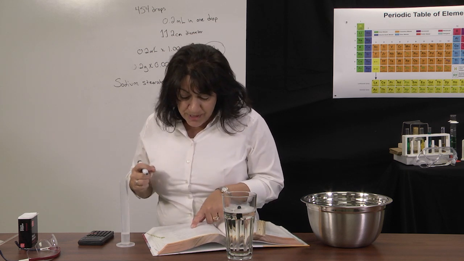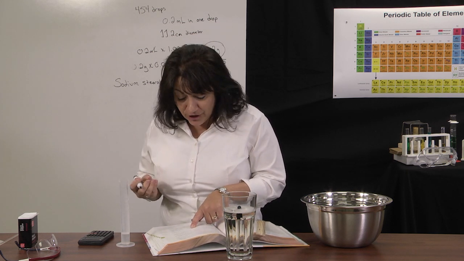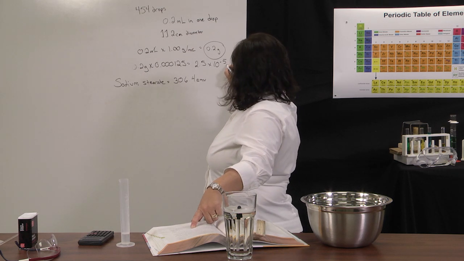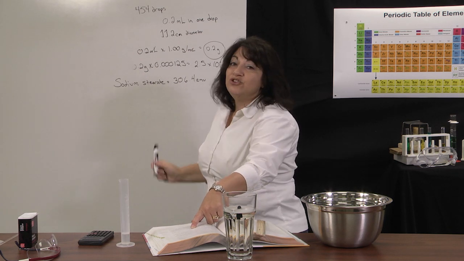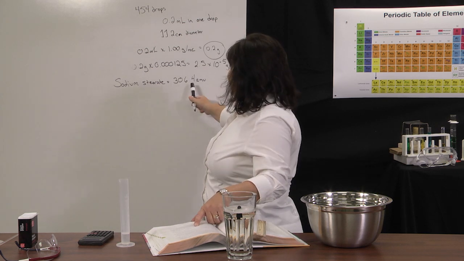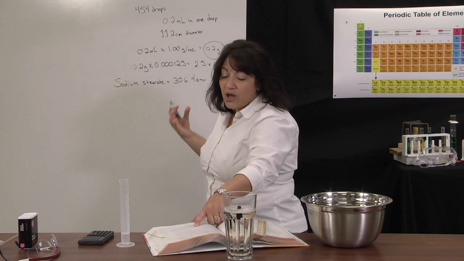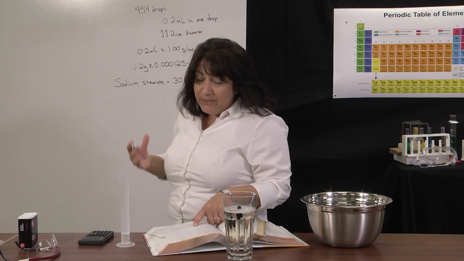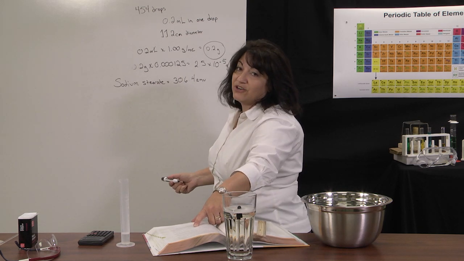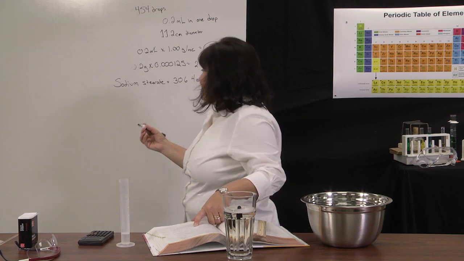Now, what we can do is we can take that mass and we can convert the grams of sodium stearate, which we calculated here, to moles of sodium stearate. How do we do that? Well, when we have an atomic mass unit of a molecule, what that's telling us is 1 mole of sodium stearate is equivalent to this many grams of sodium stearate, and that's a conversion factor. So let me write that down.